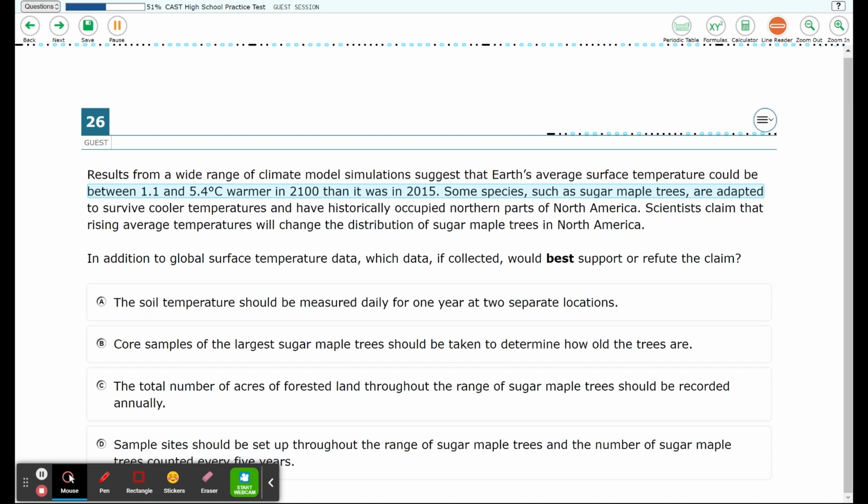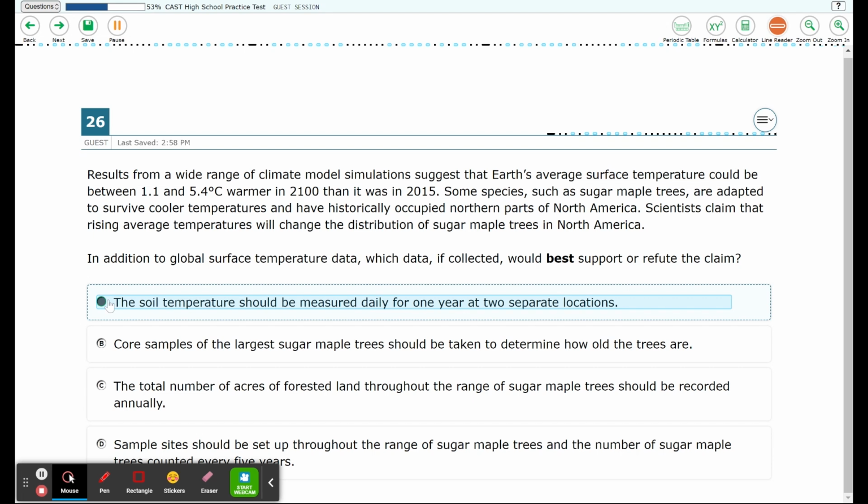Some species, such as sugar maple trees, are adapted to survive cooler temperatures and have historically occupied northern parts of North America. Scientists claim that rising average temperatures will change the distribution of sugar maple trees in North America. In addition to global surface temperature data, which data, if collected, would best support or refute the claim?